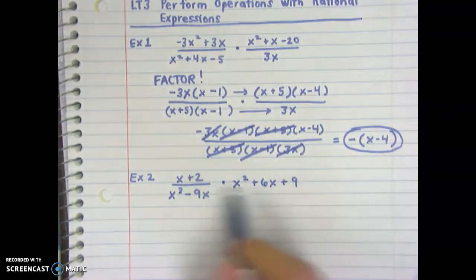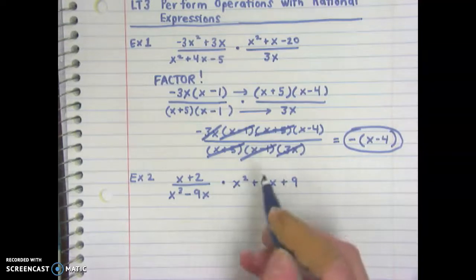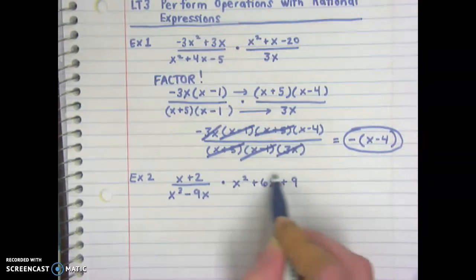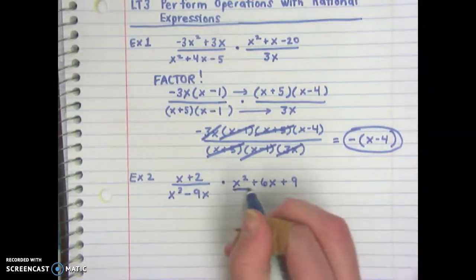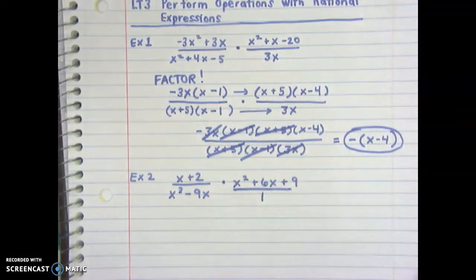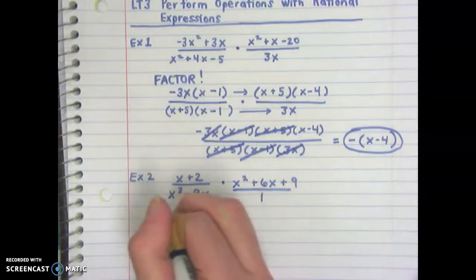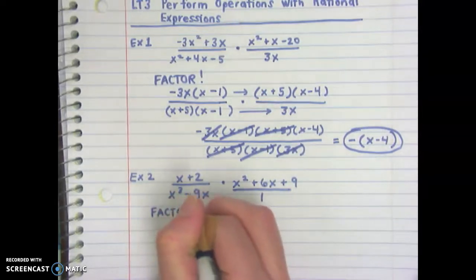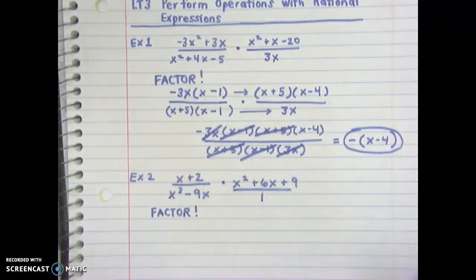To multiply these two expressions, I need to see that this quadratic x squared plus 6x plus 9 can be written over 1. And now I will factor before multiplying straight across.